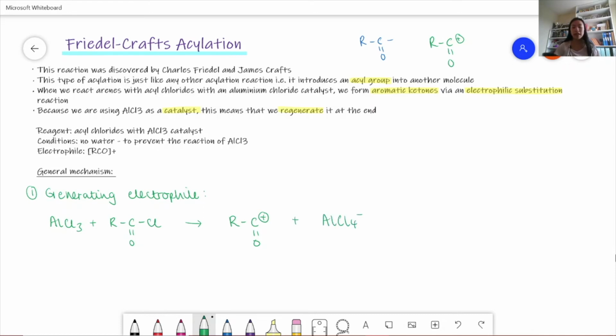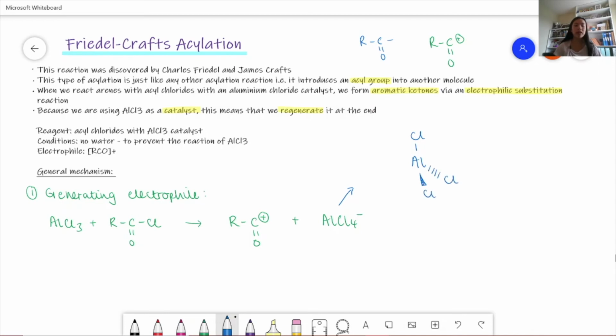Now, one thing to know about this AlCl4- is that it's actually a tetrahedral shape. So when we look at it, we have aluminium in the middle, and then we have the original 3 chlorines. So we have a chlorine here, a chlorine here, and also a chlorine here.